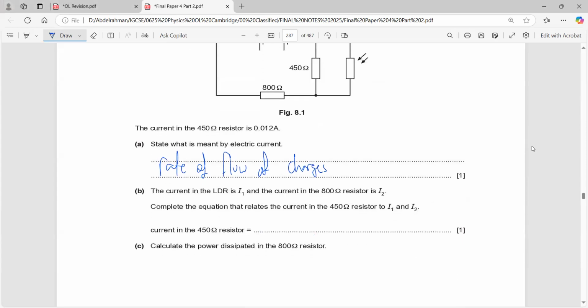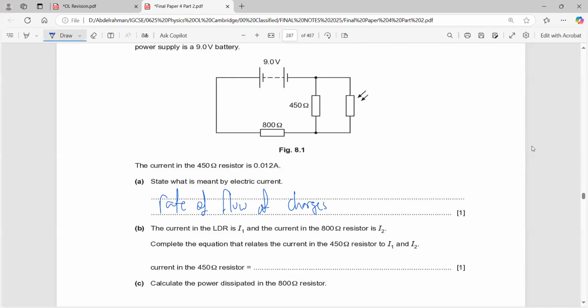The current in the LDR is I1, and the current in the 800 ohm resistor is I2. Can I find the current in the 450 ohm resistor?